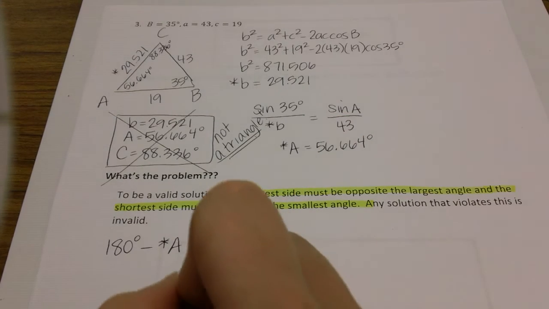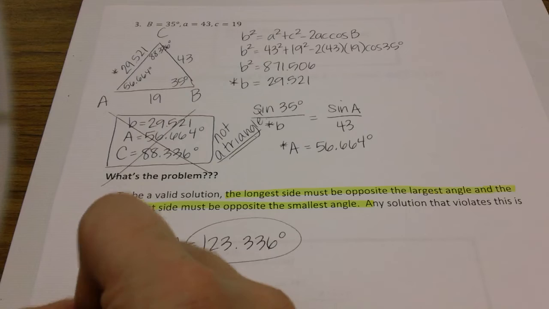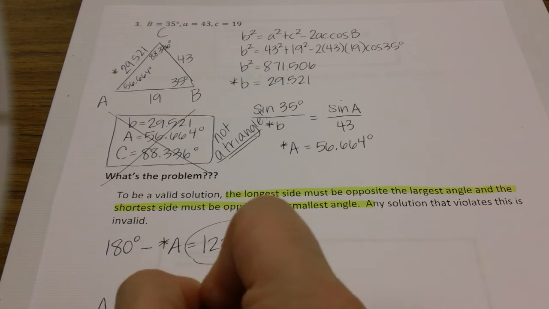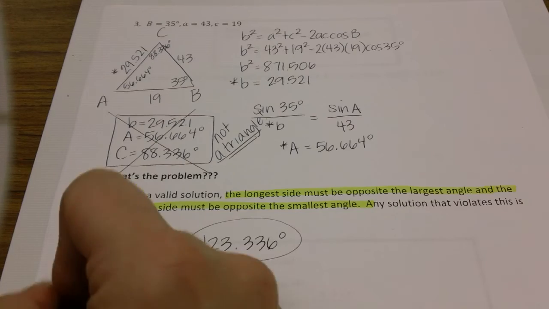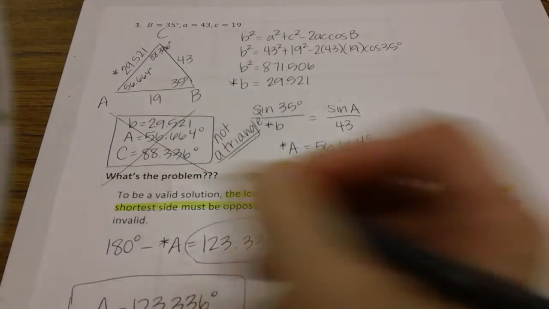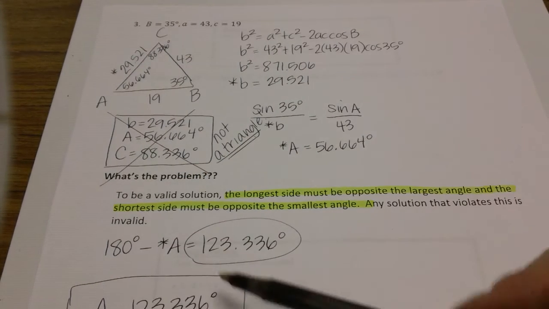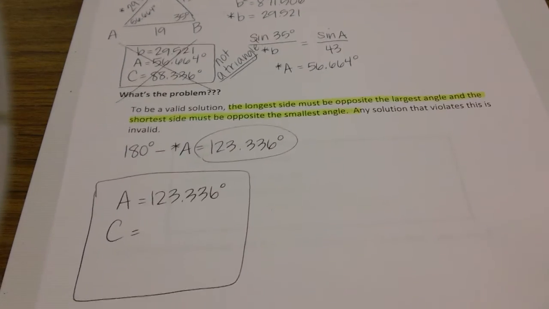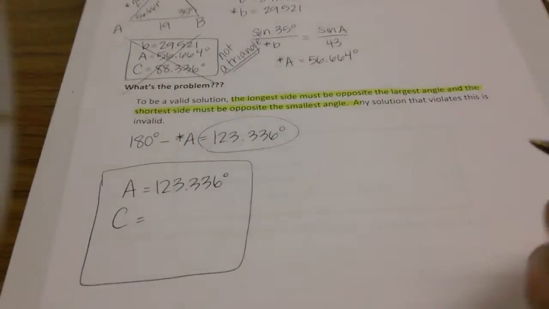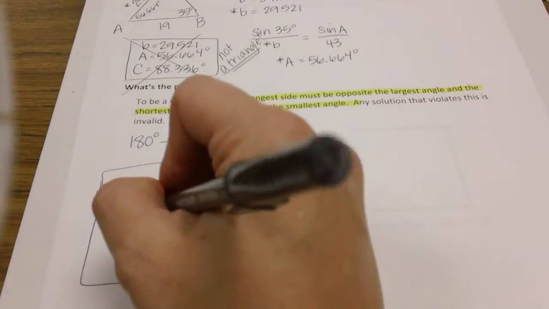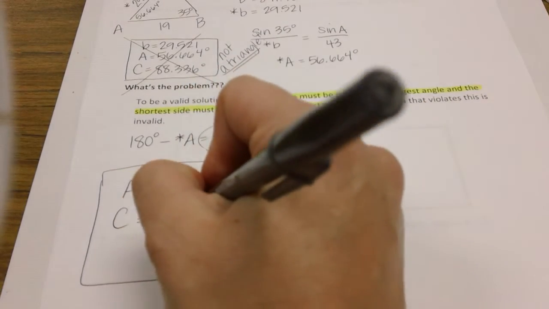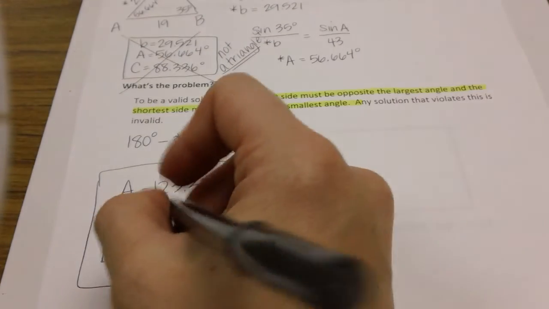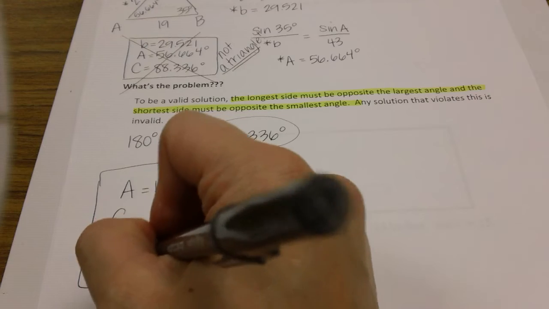So this here is going to be our angle A. We can use that to find our angle C by taking 180 minus this angle A minus 35 degrees, which was given as our B value. So that gives us angle C as being 21.664 degrees. And then our B value was correct before as 29.521.